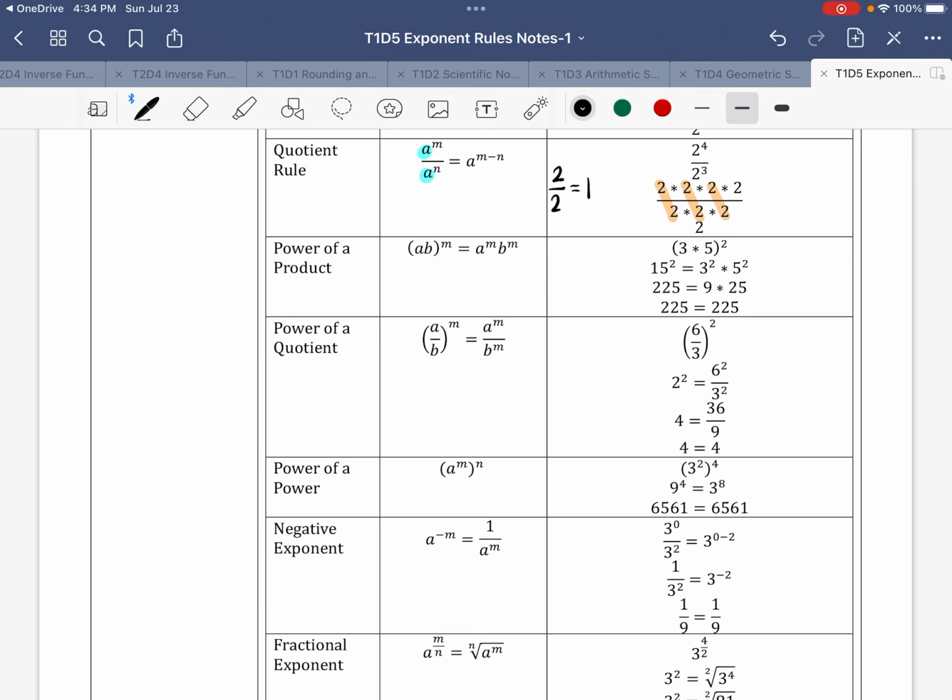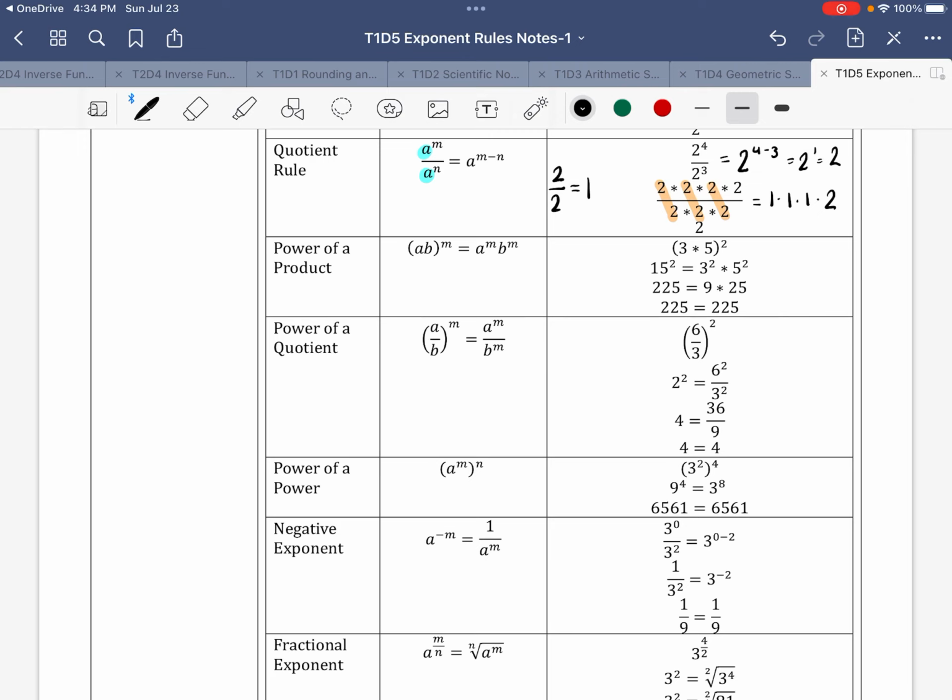So if we rewrite this, this actually ends up equaling 1 times 1 times 1 times 2, right? And 1 times 2 equals 2. So what we can figure out is that the 2 on the top and the bottom cancel out, right? Because it equals 1. So we can do 2 to the 4 minus 3 power, 2 to the 1st power equals 2.